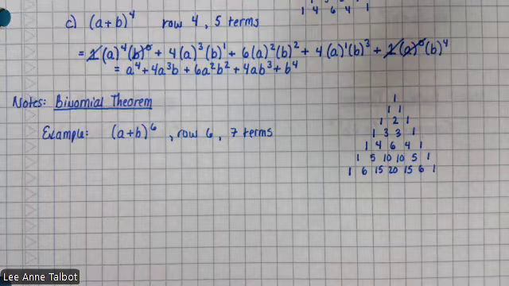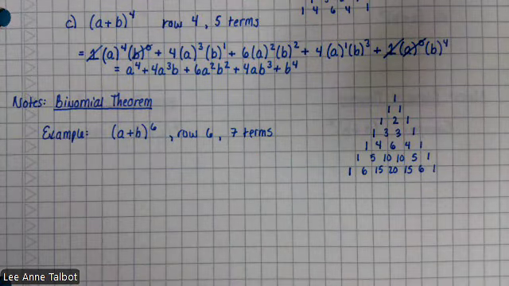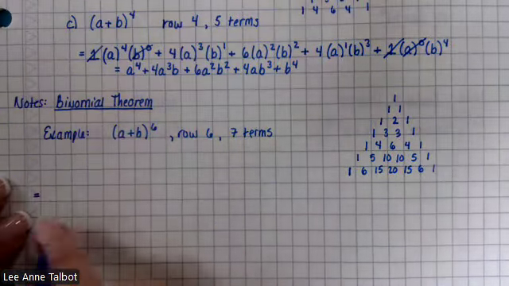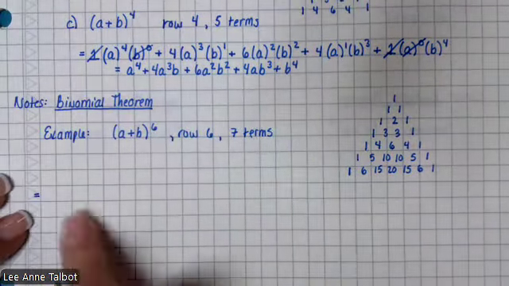Do you understand how to make the triangle? Are you thrilled about it? Maybe not. Okay. Now I'm going to start down here because I know this is going to go long.